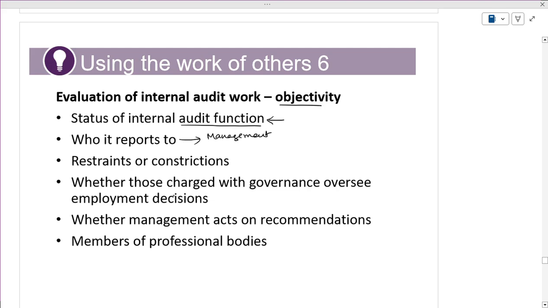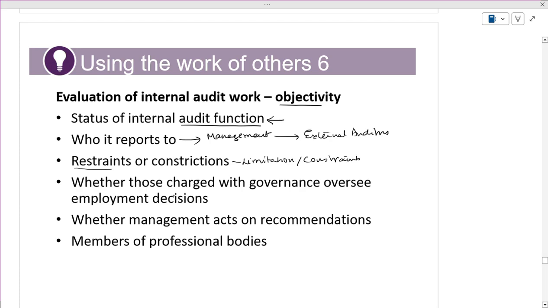They are reporting to the management, and in turn management will report to the external auditors. Are there any restraints, constrictions, limitations or restrictions? If there are, it will not work.